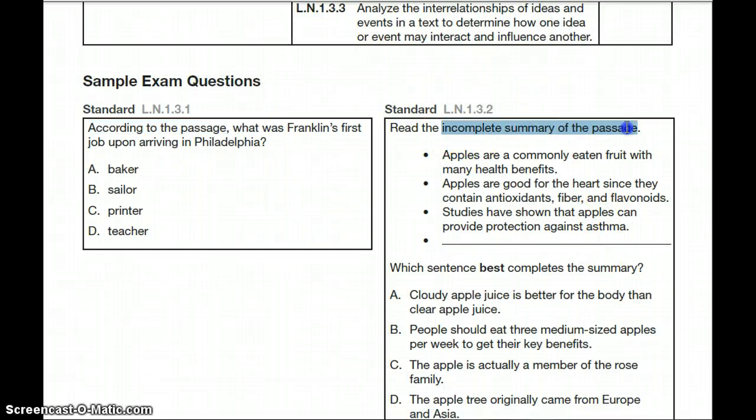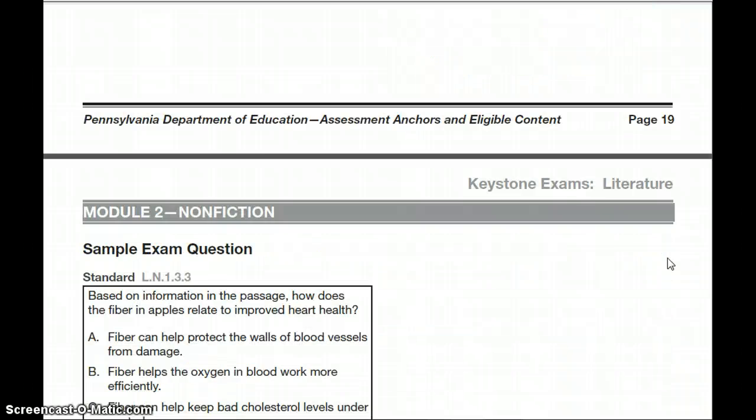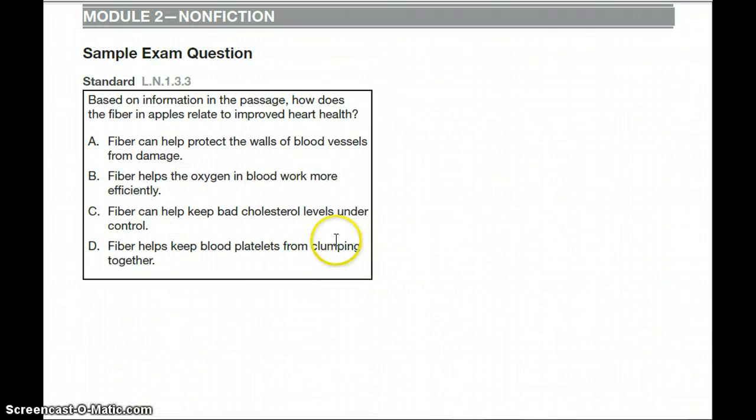Reading an incomplete summary of the passage. You saw these in the fiction side of things as well. It might give you 4 different points and ask you which of the answer choices best completes that summary, what belongs in this blank space here to complete this summary of the passage. Or it might be giving you, based on information in the passage, how does the fiber of apples relate to improved heart health?